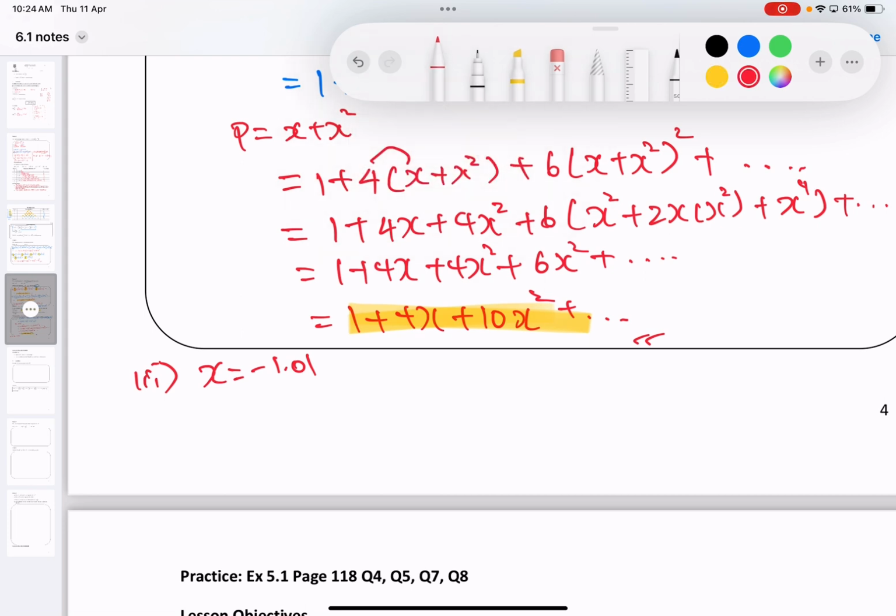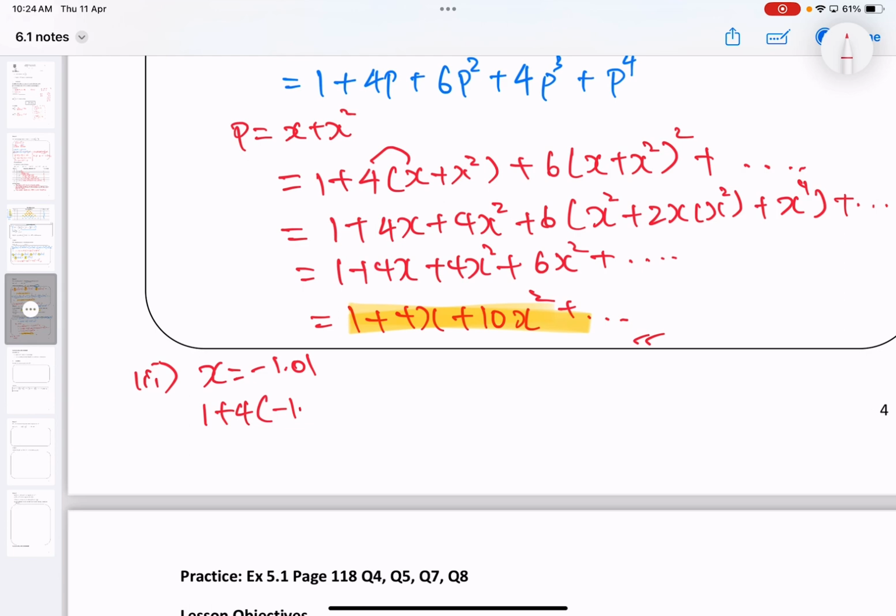Let's try. 1 plus 4 times negative 1.01 plus 10 times negative 1.01 squared. You should get 7.161.